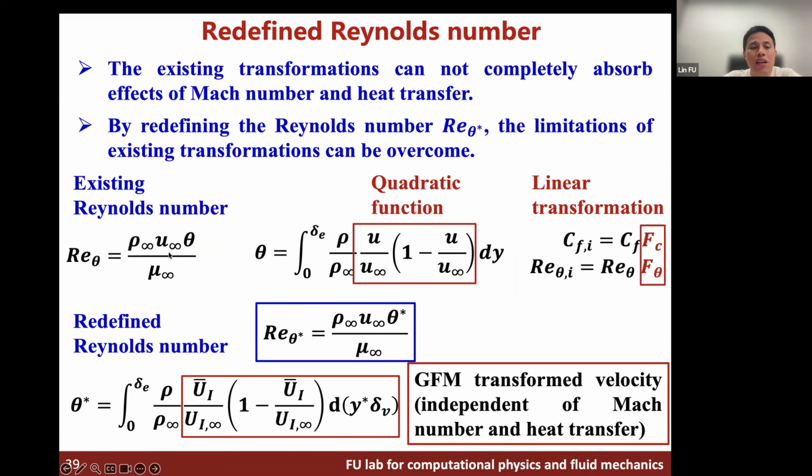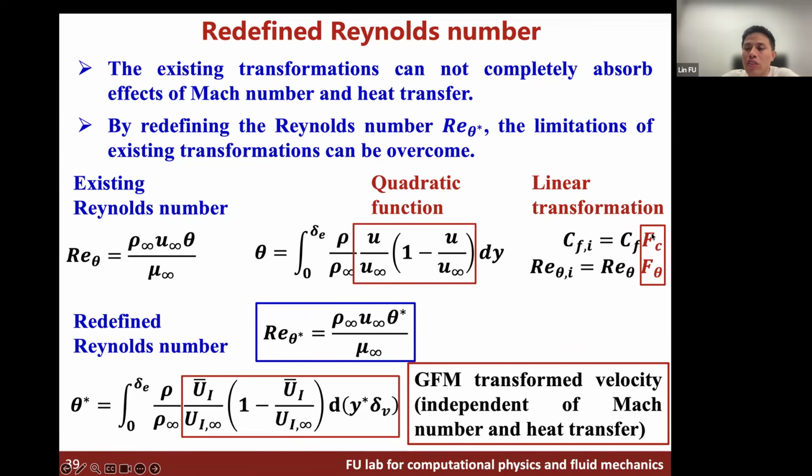Let's check the Re_theta definition. This theta essentially is a momentum thickness. Apparently, this thickness is strongly affected by the velocity, and the velocity is strongly affected by the heat transfer and the compressibility.